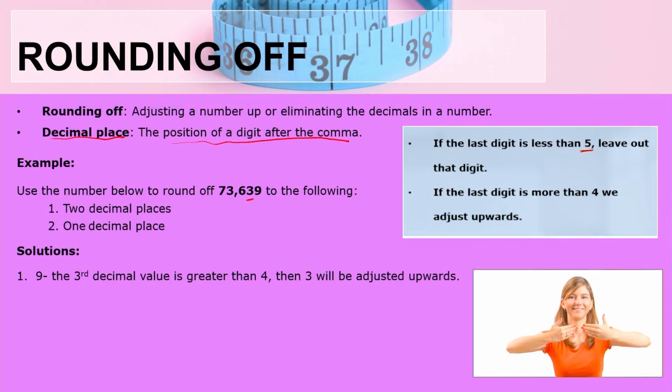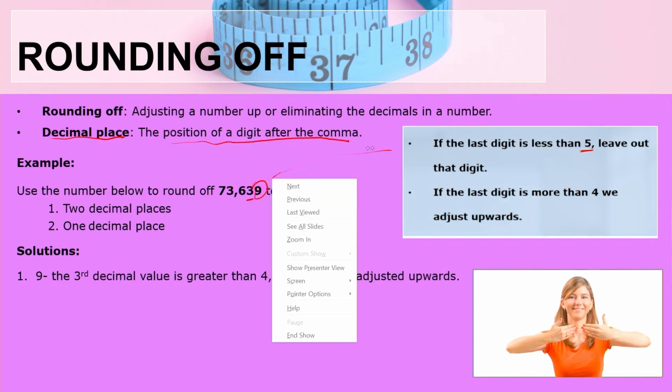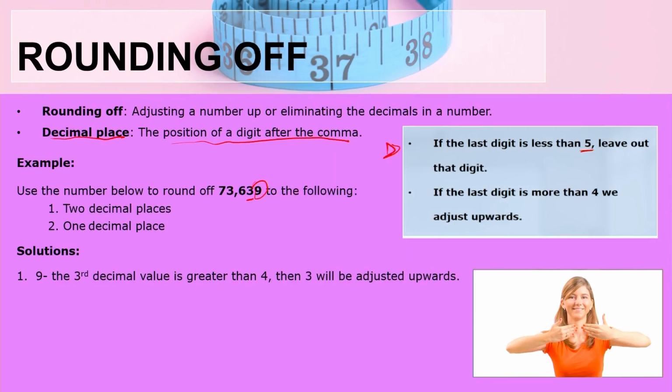Because it is the second one, we will be guided by the third decimal value. If the third decimal value is less than 5, then we leave out the decimal value. But if it is more than 4, then we adjust upwards. Now this decimal value is 9, and 9 is more than 4, so we are going to adjust upwards.